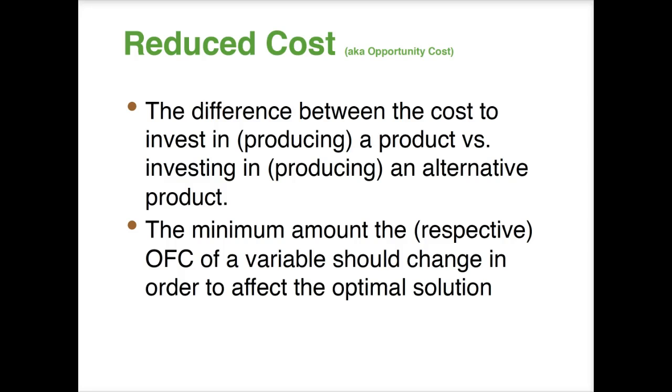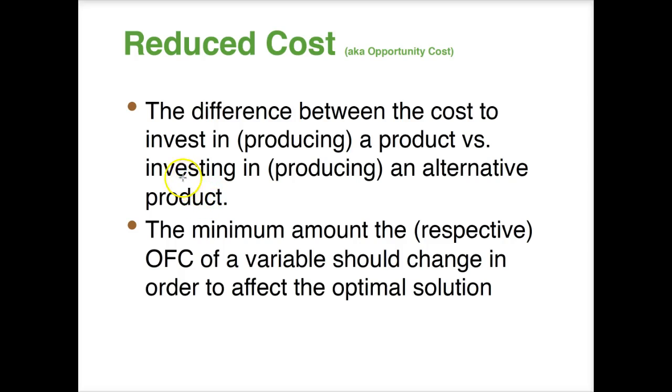All right, and so we've already talked about the reduced cost or opportunity cost. Again, the way that it's put here is to say the difference in between the cost to invest in producing a product versus the cost in producing an alternative product, okay? And I just said it another way.